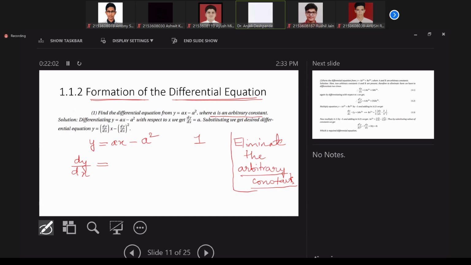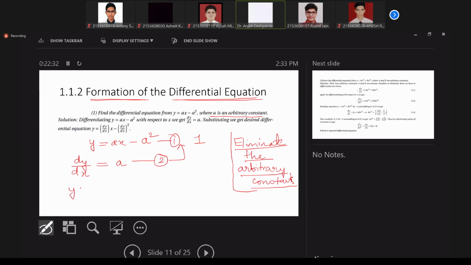What is the value of dy by dx? a. That's it. Derivative of a constant is 0, so the remaining term is 0. So dy by dx is equal to a. Now what is my aim? To eliminate the arbitrary constant. I don't want it. So supposing I call this equation 1 and this equation 2, I am going to substitute this here.